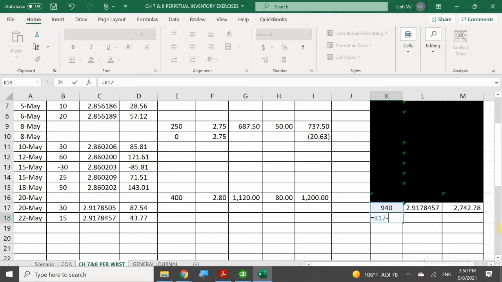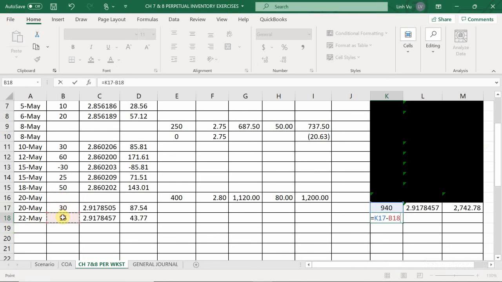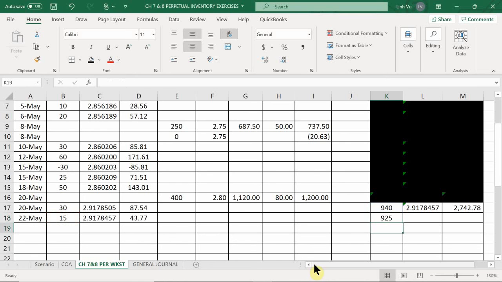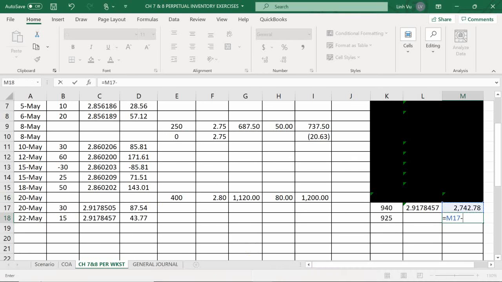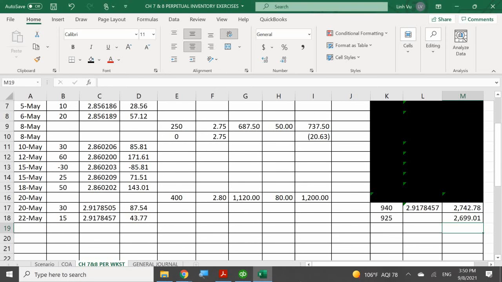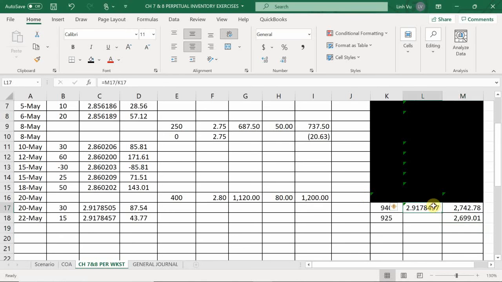So once again, let's update our inventories. Right, because you no longer have 940. You sold another 15. So you should have 925. Right? You also sold an additional $43.77, which brings you down to $2,699.01, which then gives you a cost per item to be roughly the same, right? 2.9178.